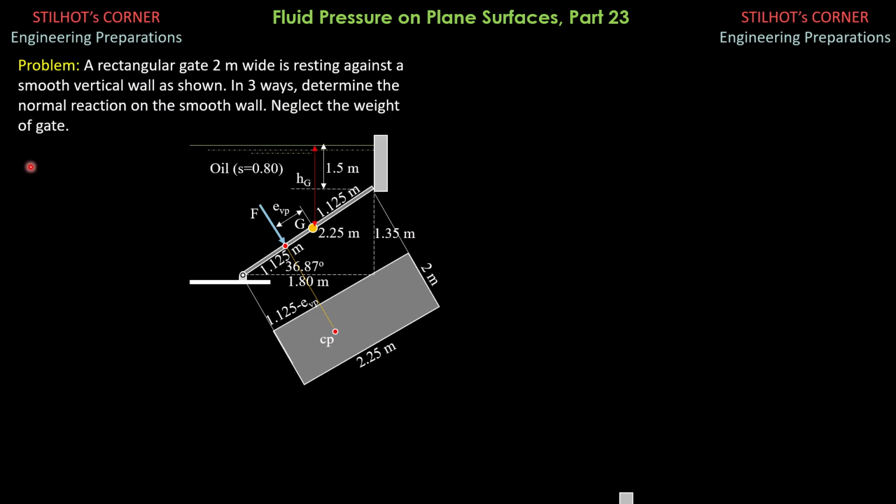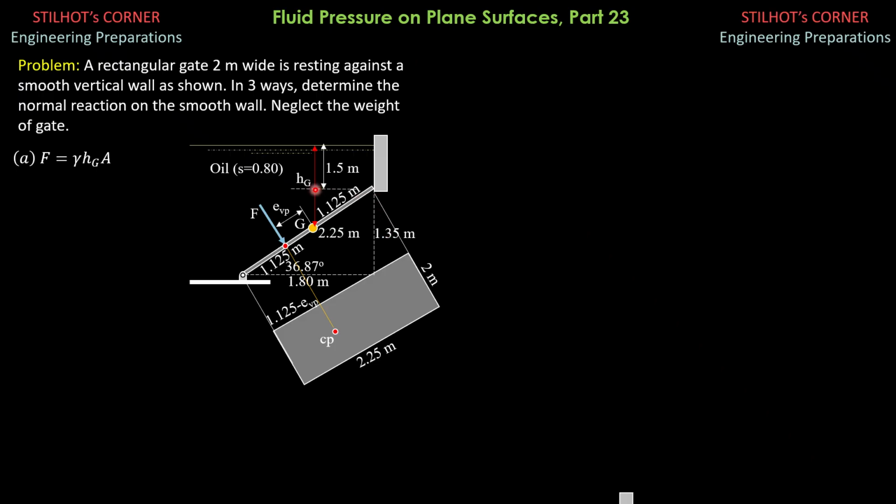So use the formulas. F equals gamma, the specific weight of liquid, times hg times area, because there's only one liquid and the oil surface is exposed to the atmosphere. So the specific weight of oil is 0.8 times 9.81. hg from the figure is 1.5 plus half of 1.35.